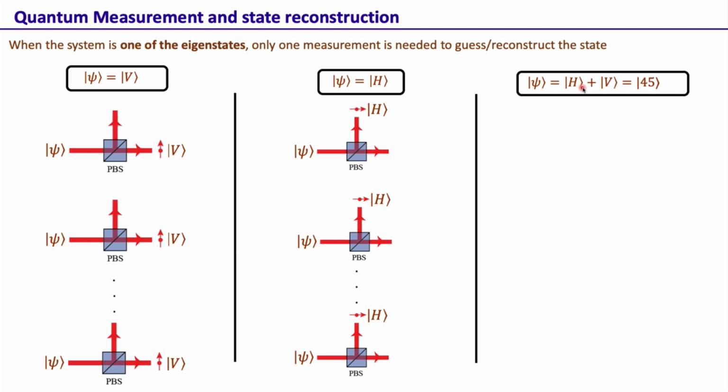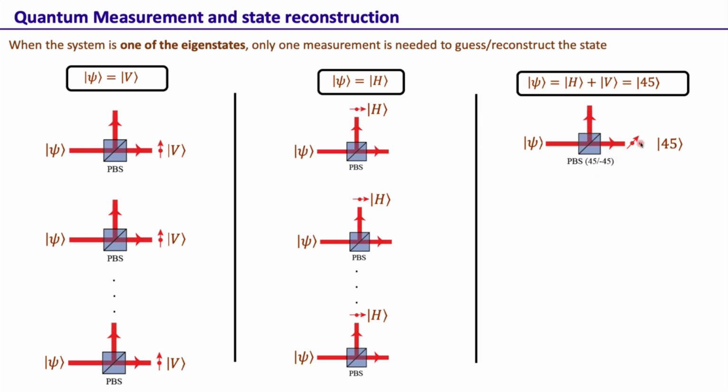In fact, the eigenket can be any basis. For example, here the eigenket can be the 45-degree basis. So if we know the system is 45-degree polarized, then in this case we can bring in a measurement device in the 45, minus 45 basis, and when this photon comes in, it will go this way because that way is the 45-degree polarized, and this way would be the minus 45-degree polarized.